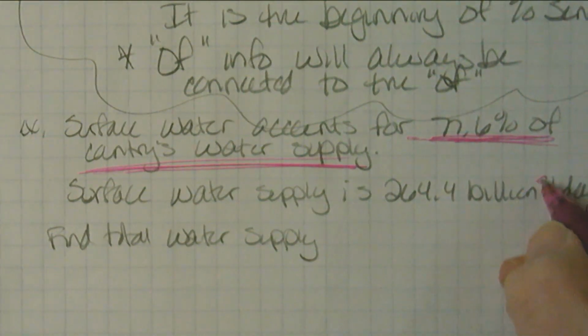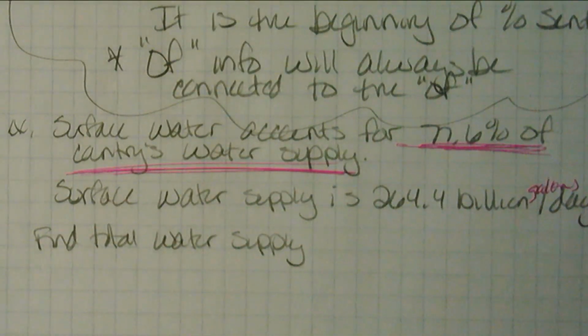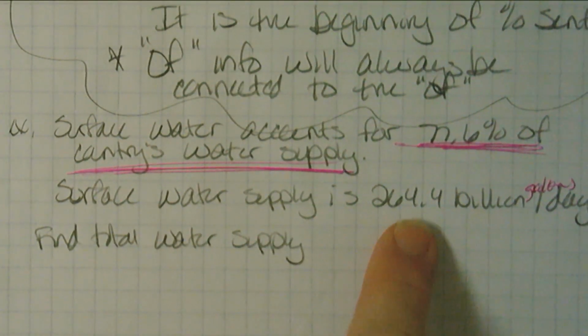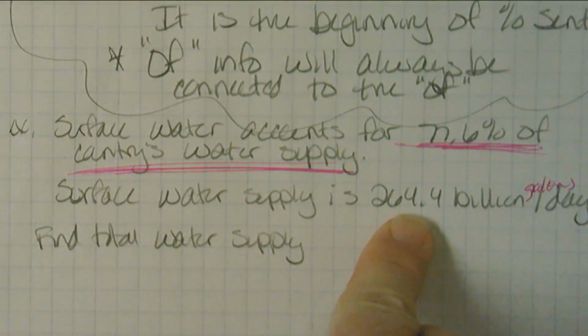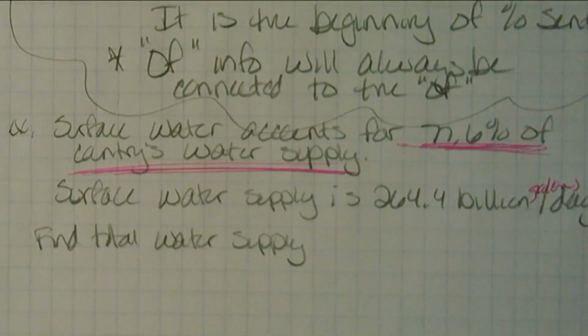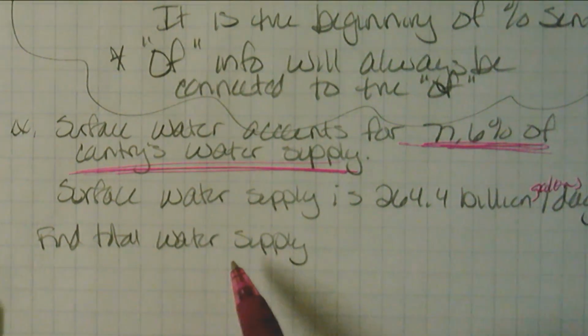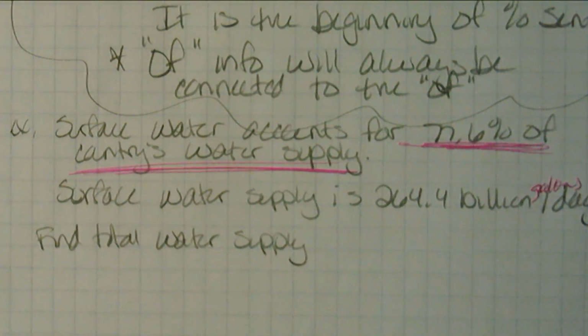Kaylee? Describe what that information is. Jacob? Because I could change that to 400 billion gallons. I can change it to 100 billion gallons. What information is that?